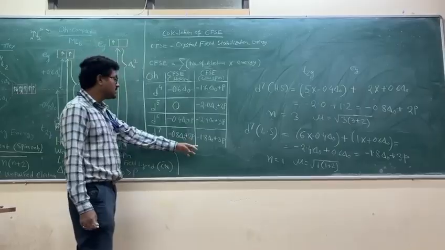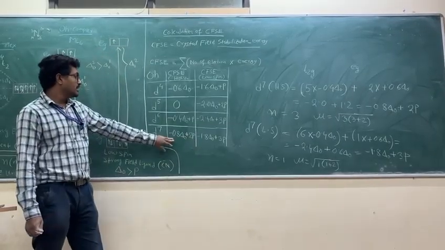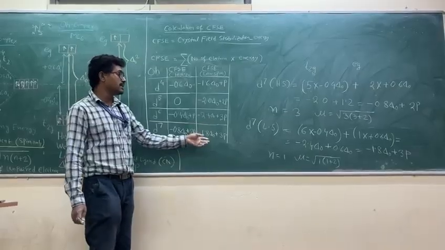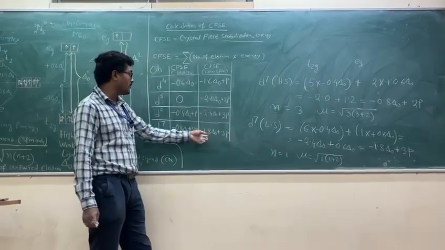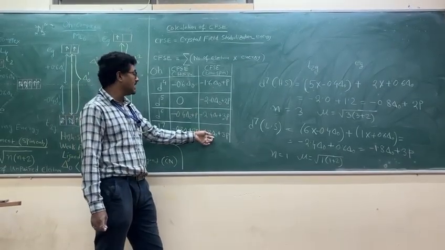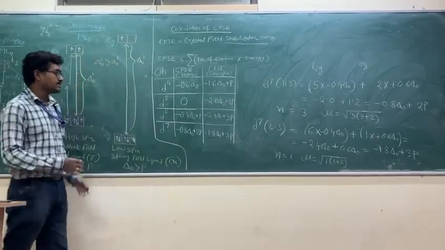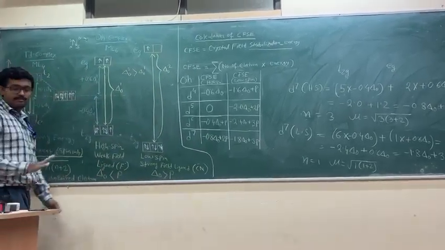So again you can see for d7 also, delta is higher and the CFSE value is much lower in the case of the low spin complex, minus 1.8 delta, and this is minus 0.8 delta. Okay. So up to d7 I have discussed.